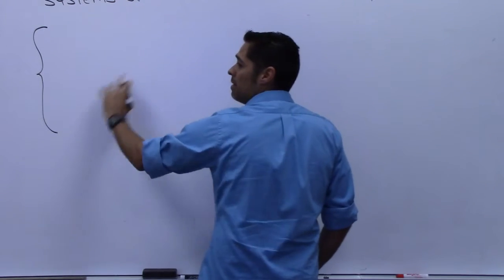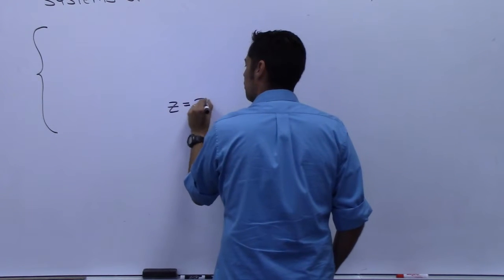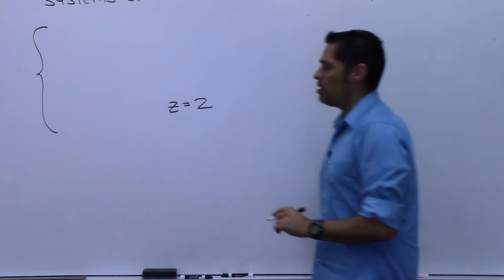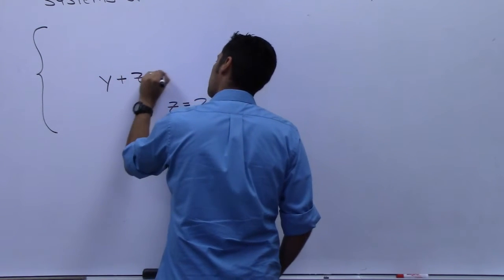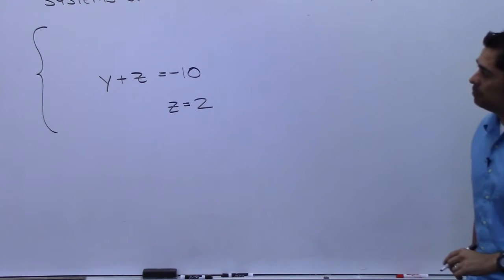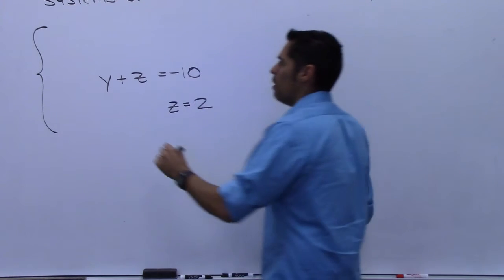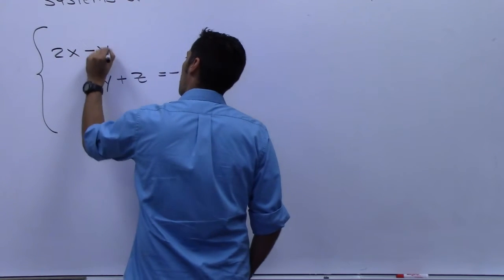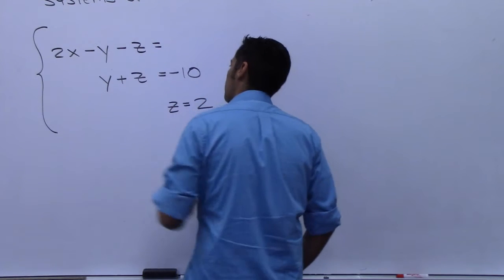I'm going to start by writing the last equation for you. You'll see why in a minute. I'm going to say z is equal to 2. That's it. Okay? The next equation is going to say y plus z equals negative 10. And then the first equation is going to say 2x minus y minus z equals, now let me think for a second.